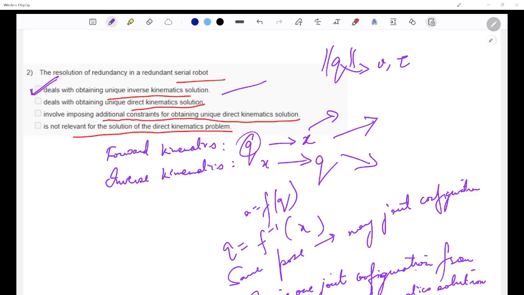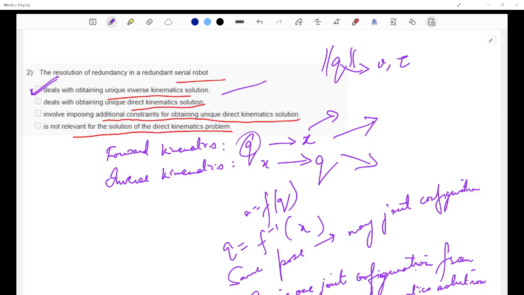Now directly let's go to option D, because I want to explain the correct options first. It is not relevant for the solution of the direct kinematics problem. This is also true because in direct kinematics, if you give the joint variables, then you obtain the pose, which is unique.